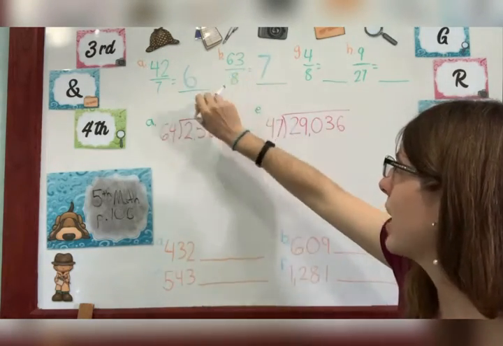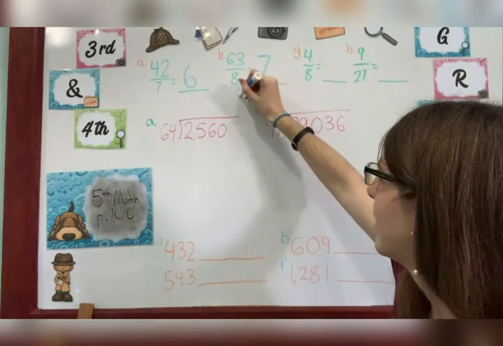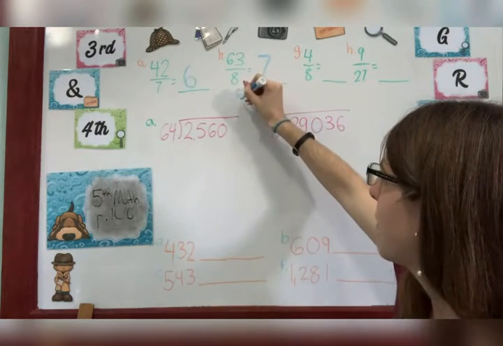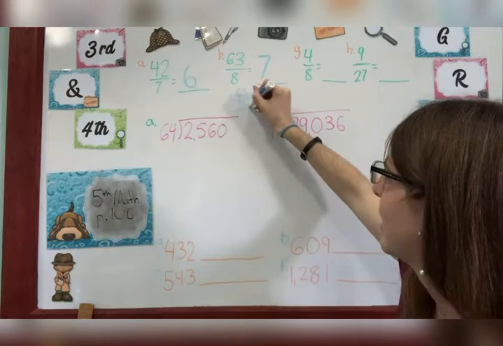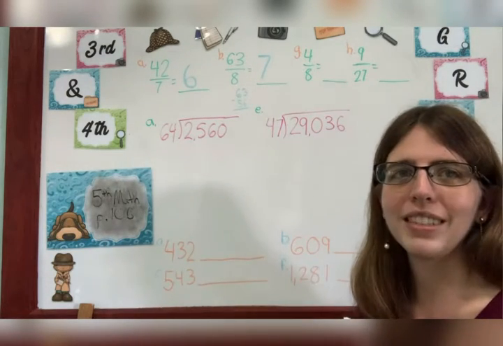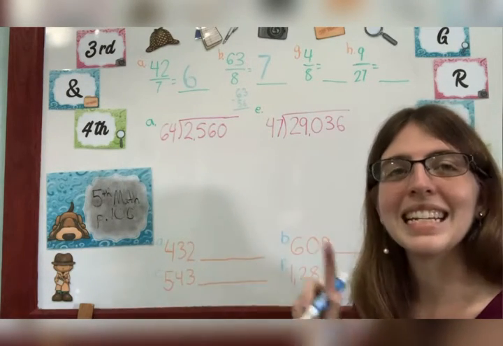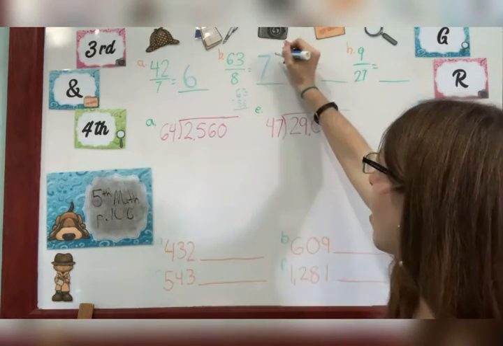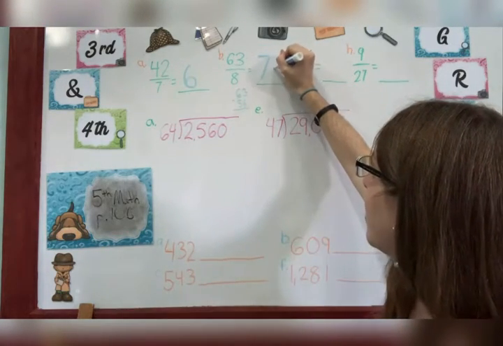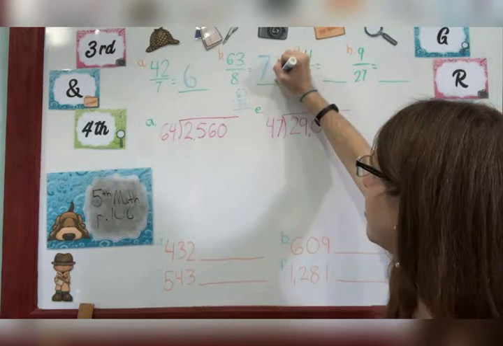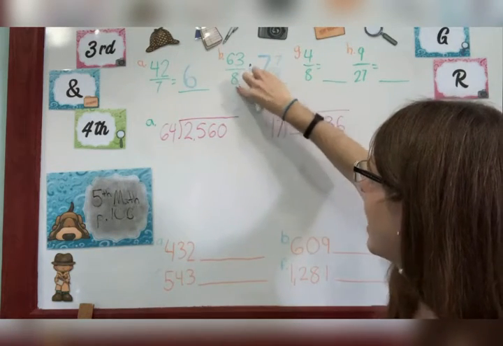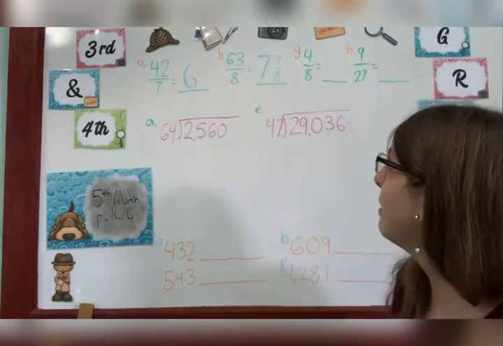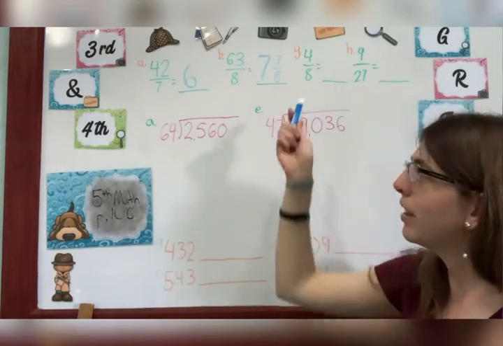To get our remainder, I have to subtract 63 minus 56. What's 63 minus 56? 7. Good. So our remainder is 7. We put that in the numerator and keep our denominator the same, 8. Okay, let's move on now to letter G.